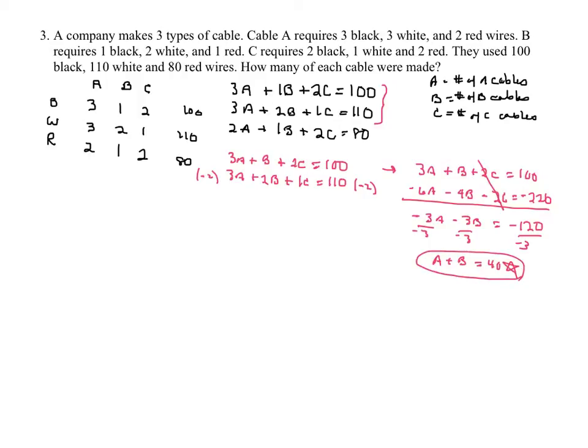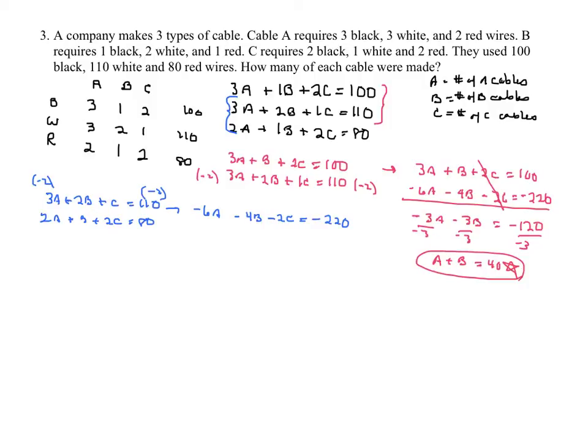Now we're going to go to the blue and do these two, and again eliminate C. There may be easier ways to do it, but this is the way I chose to go for it. 3A plus 2B plus C equals 110. 2A plus B plus 2C equals 80. Here we go, guys. I'm going to multiply the top by -2. So I get negative 6A minus 4B minus 2C equals negative 220.